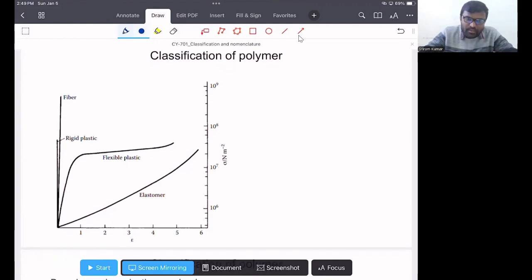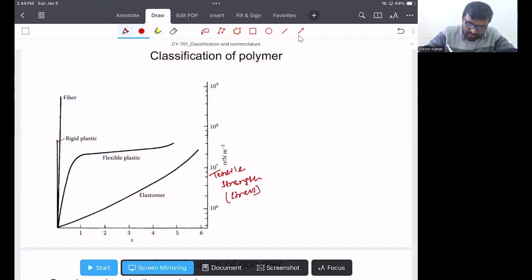In this graph, we have two axes. One is the tensile strength, or maybe you can say stress.